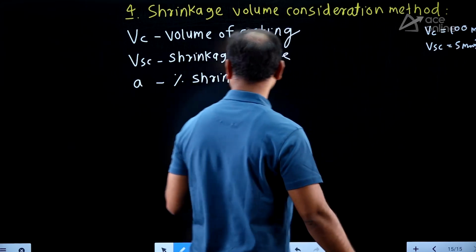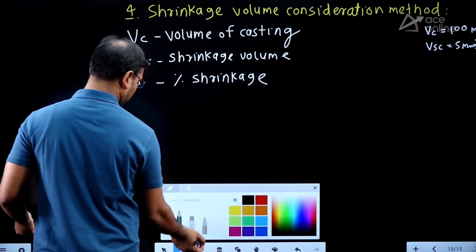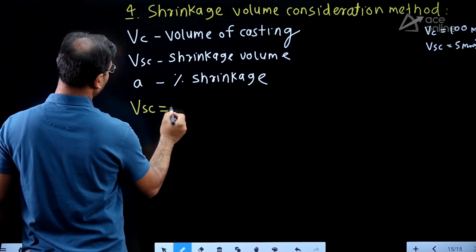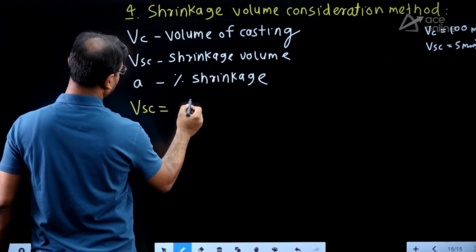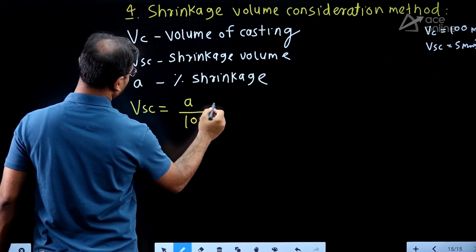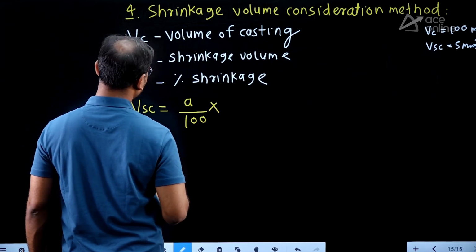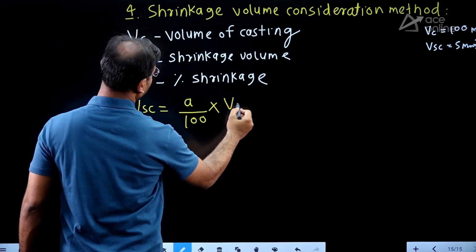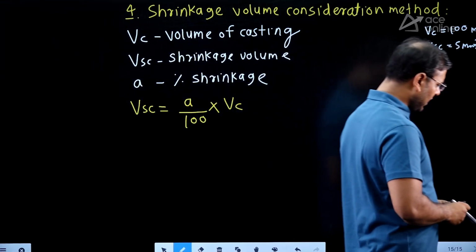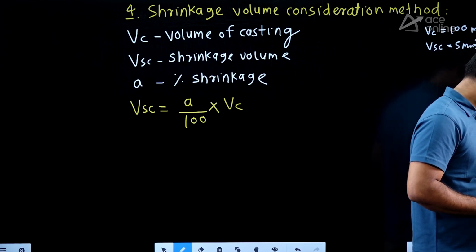Then the answer is 5. Then what is the formula for shrinkage volume? Shrinkage volume is equal to small a by 100, where small a is the percentage of shrinkage, into volume of casting. Therefore, we can get the Vsc, the shrinkage volume.